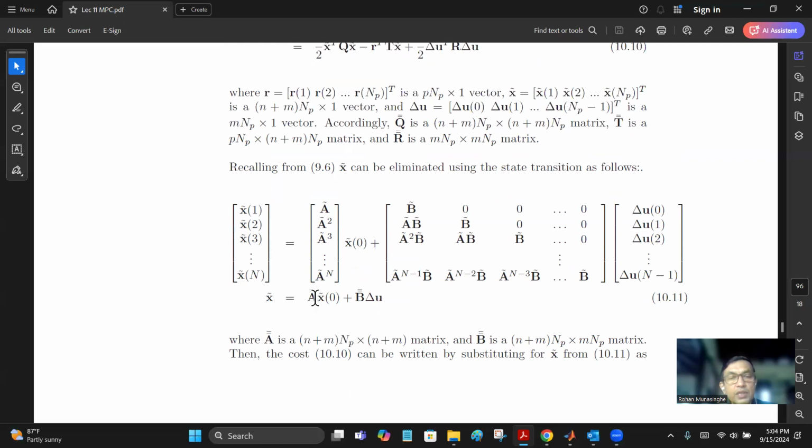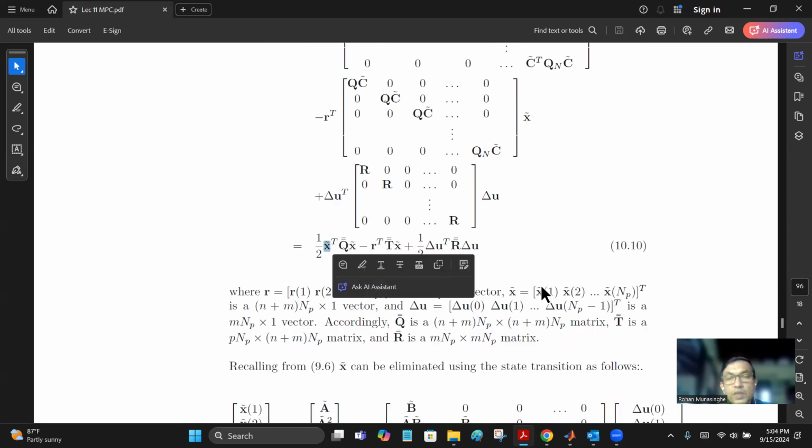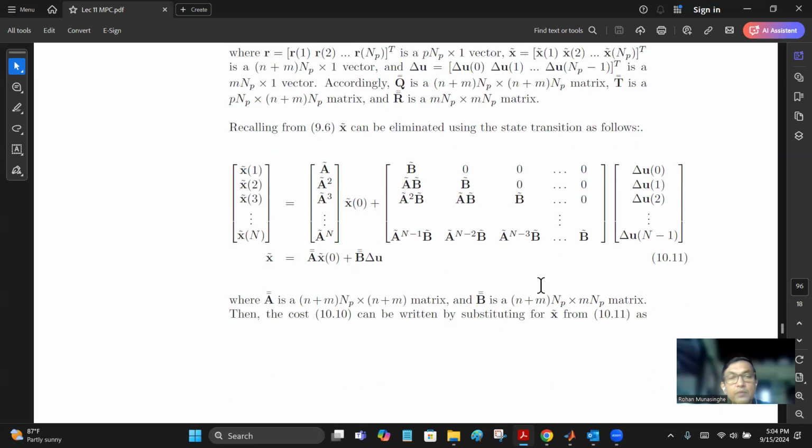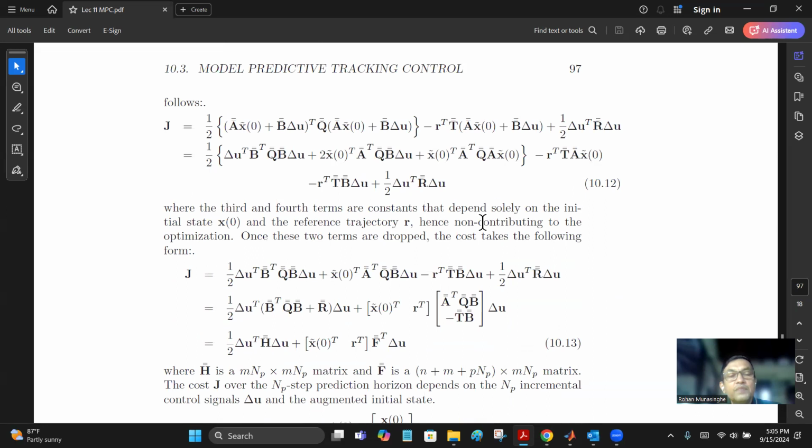Now you can use this equation and replace x tilde in the objective function, or cost function. So you substitute there. When you do that, you get this long equation. But again, it's just the label, there's nothing new over here. Then you have this x tilde transpose up to this point.